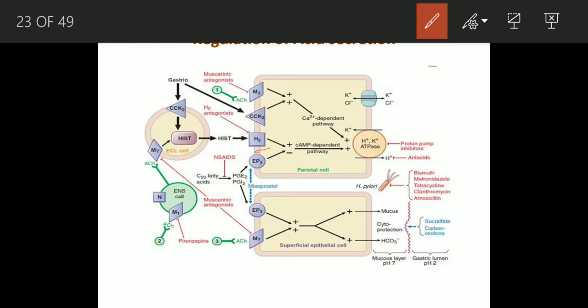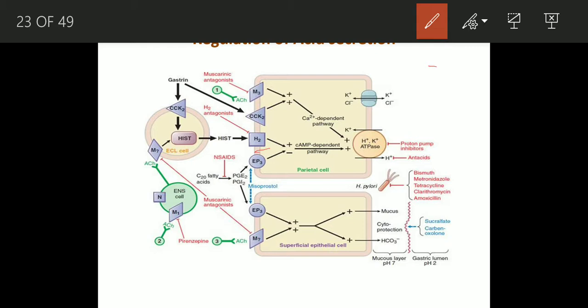The other pathway is that gastrin can also act on the ECL cell, by which it can cause the release of histamine. The important thing is that the histamine or paracrine pathway is a very important pathway responsible for increasing the acid secretion, because histamine can be released directly from the ECL and can initiate the paracrine pathway.